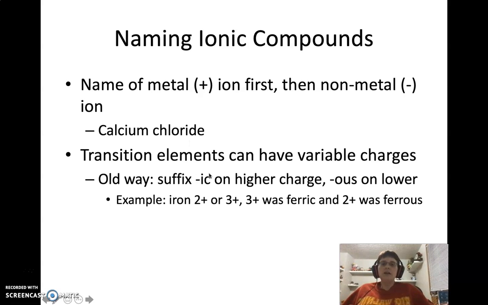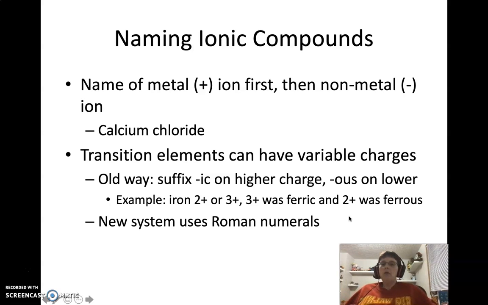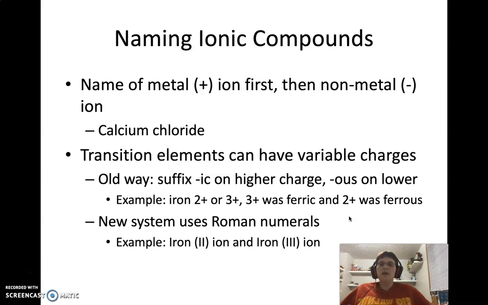So you can see here, +2, +3. Now we use Roman numerals, which is so much nicer because it tells us what the charge number is. So for example, if we have an iron +2 ion, it is iron 2. If it's a +3, it's iron 3.